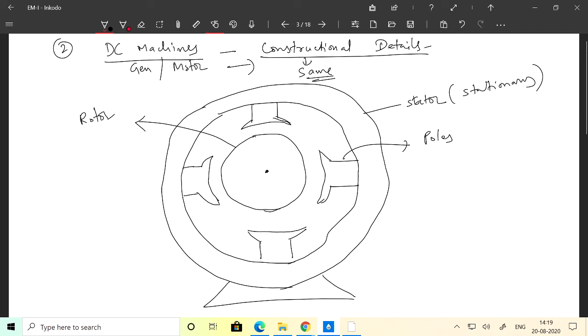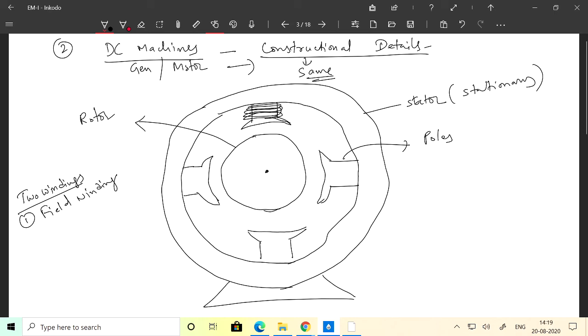Okay, now you have two windings. One is field winding, and it is wound like this. Okay, so it is wound on the poles like this.